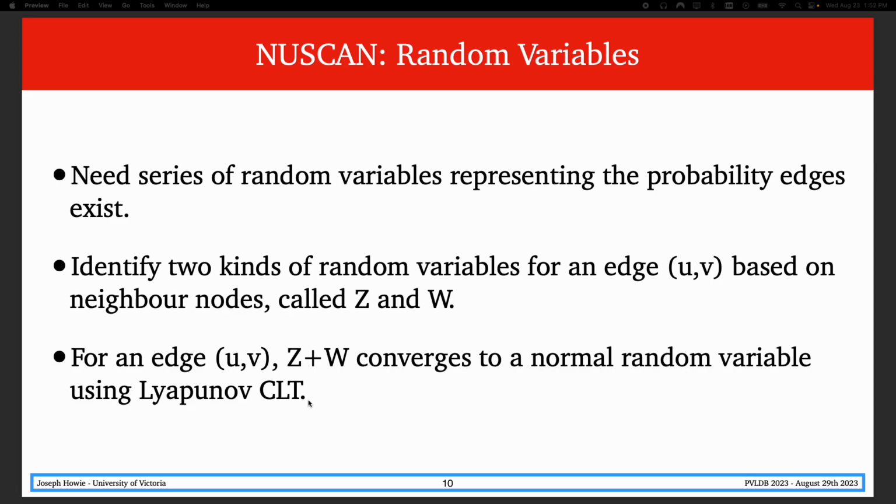We group those into two random variables called z and w, which are not identically distributed, but they're still independent. Then we show the sum of these random variables converges to a normal distribution under Lyapunov's central limit theorem by checking the limit condition. And once we have that, we're ready to do our algorithm.